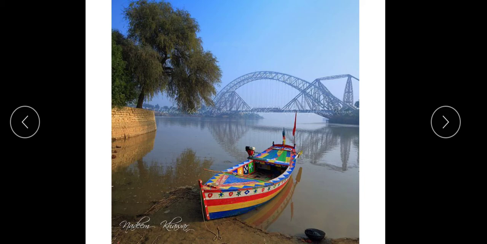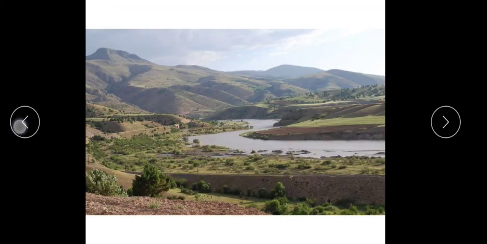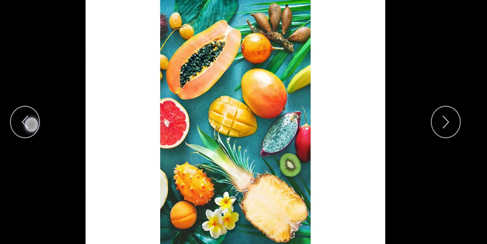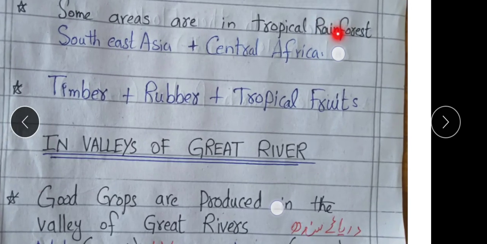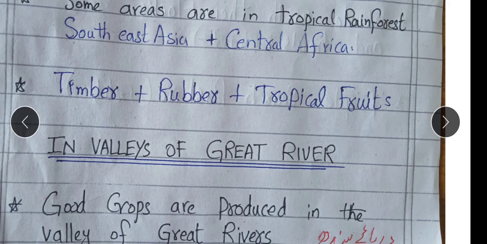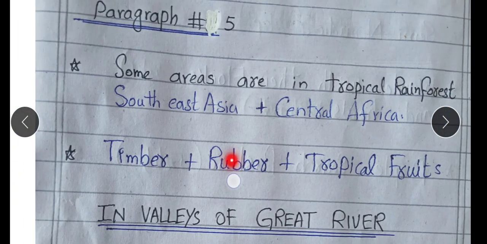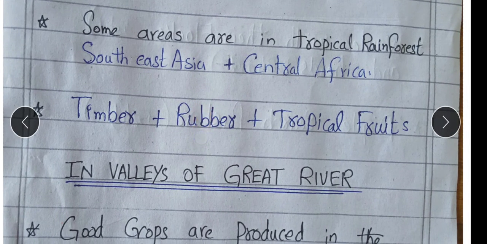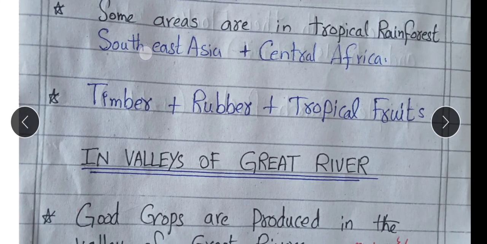Okay boys, that was all regarding my last lines. Let me recapitulate what we have read in these lines, and then I will end my lesson. The last paragraph tells us that some areas are tropical rainforests, like Southeast Asia and Central Africa.